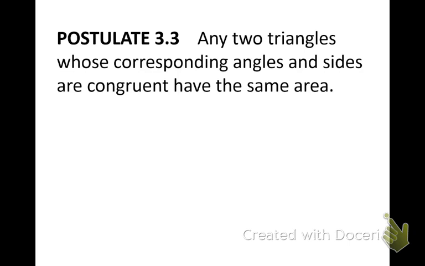Postulate 3.3. Any two triangles whose corresponding angles and sides are congruent have the same area. The triangles have the same dimensions, so they're going to have the same area.